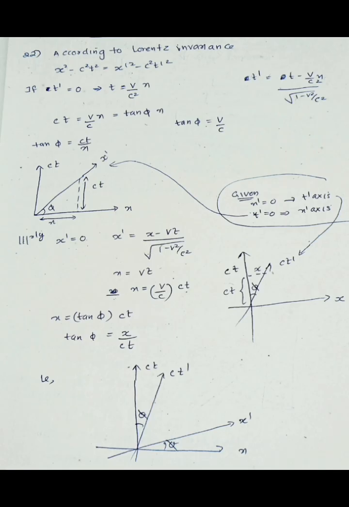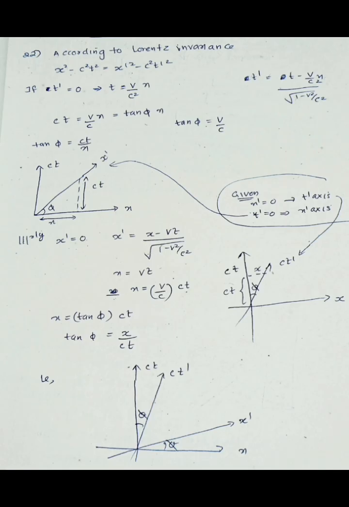So if t dash is equal to 0, then t is equal to v by c square into x. So ct by x is equal to v by c, and here it is given that v by c is equal to tan phi. So this is equation number 1. So we should select such a graph that should give tan phi is equal to ct by x.